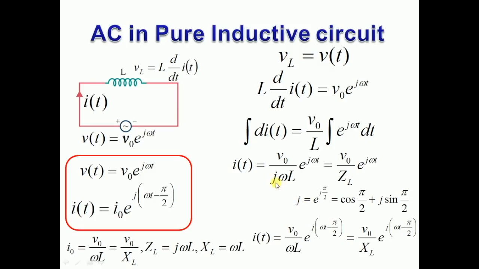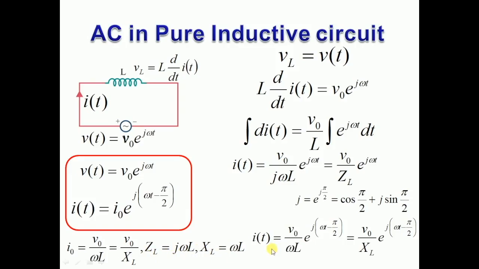Now this j can be represented by e to the power j pi by 2. So we are trying to represent some quantity on the imaginary axis, which is flipped by pi by 2 angle in reference to the x-axis, and I0 is equal to V0 upon omega L, that is V0 upon XL, the usual quantity that we were having, XL equal to omega L. And if we like to represent j omega L as ZL, that also we can do.